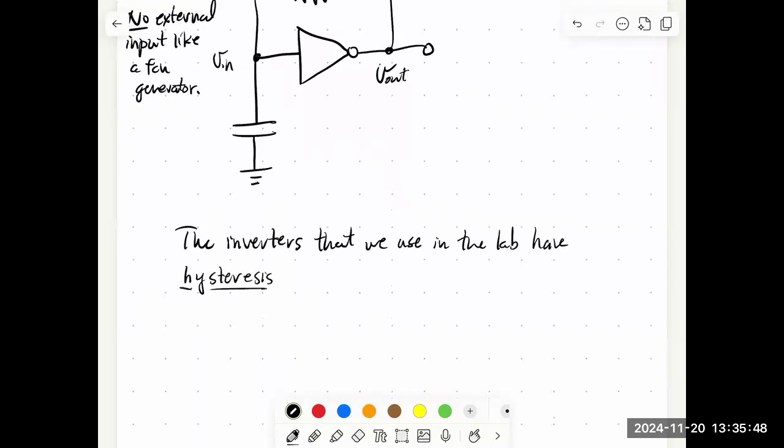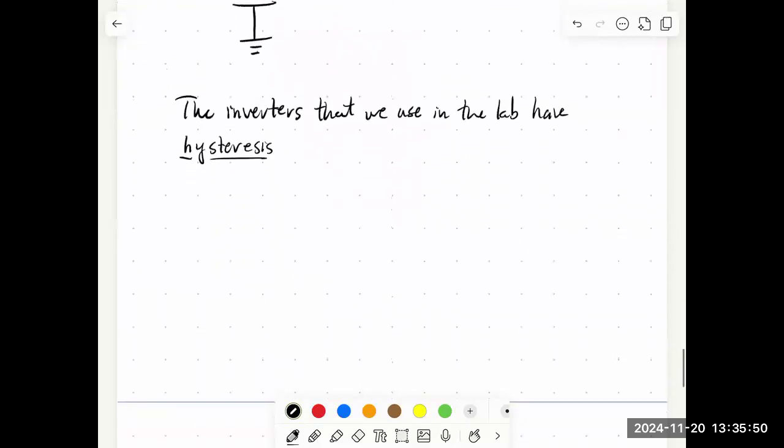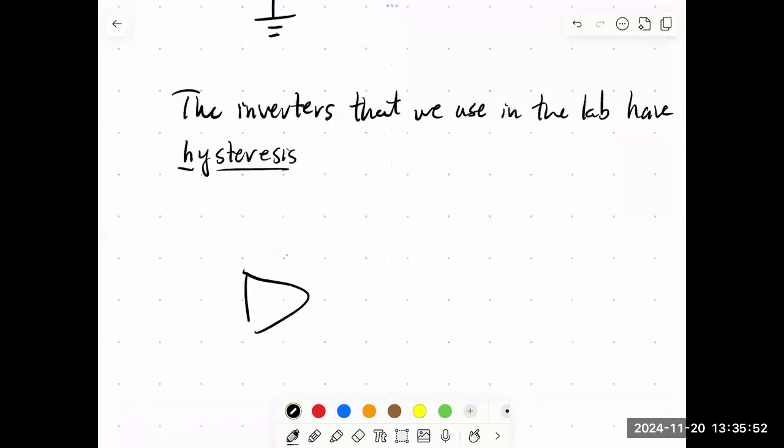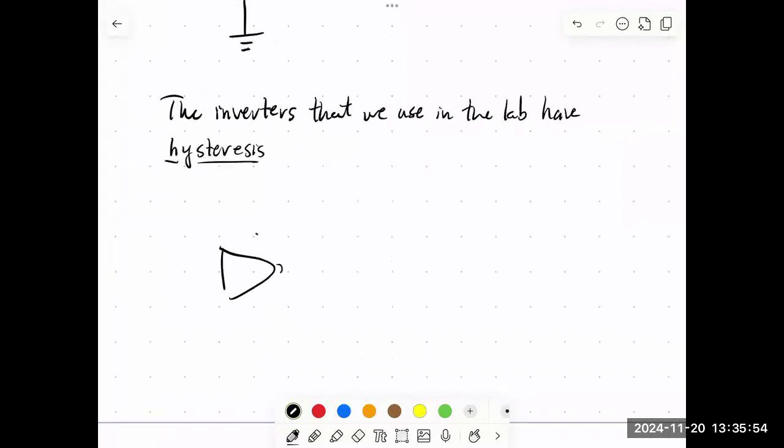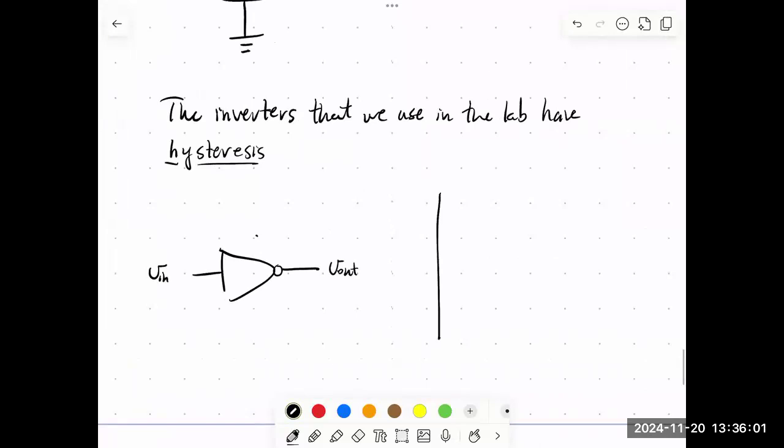And all that means is that if I take an inverter, and I have V in and V out, I could construct a plot like so. I'm going to plot V out as a function of V in. And what do we know?